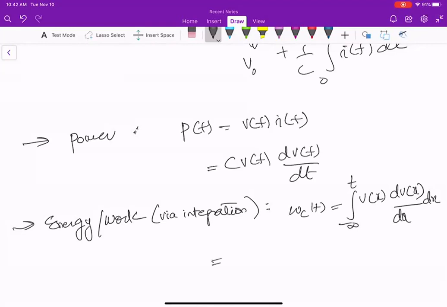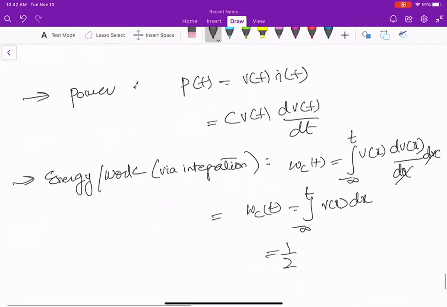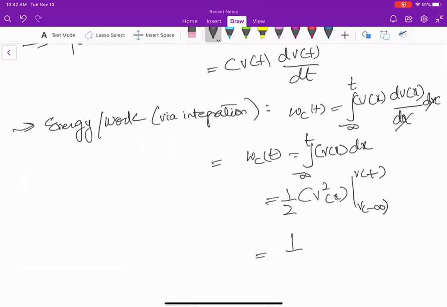And that will become, okay, so this would be 1/2 C V squared joules.